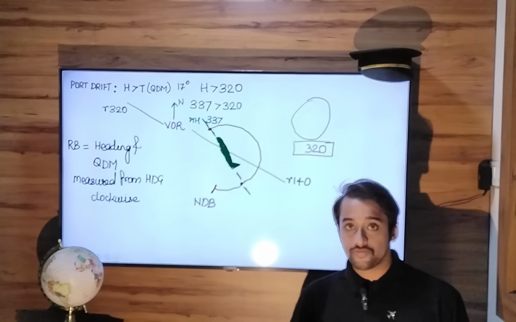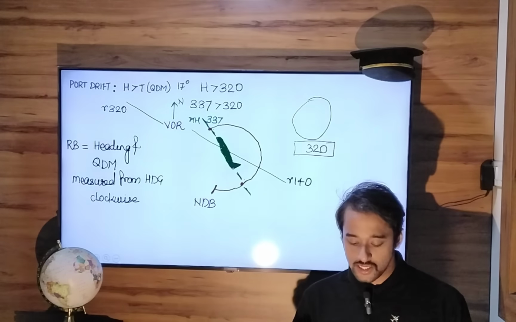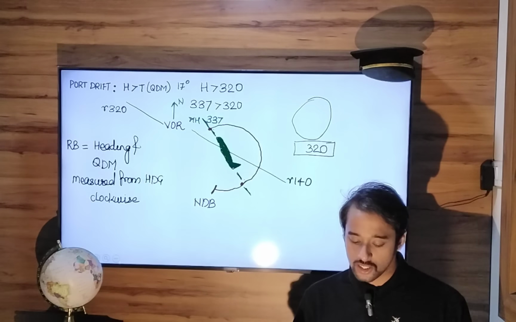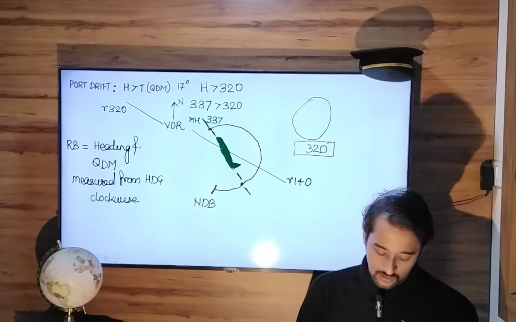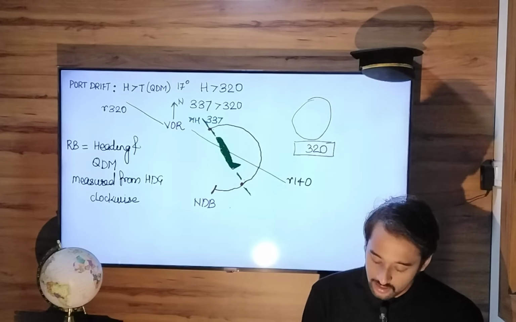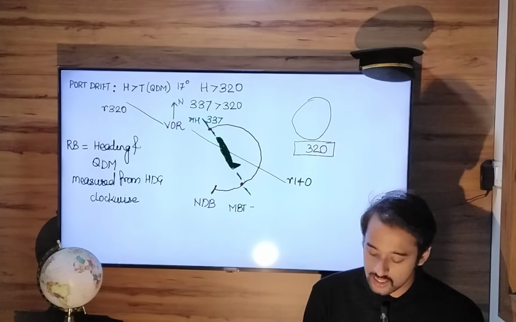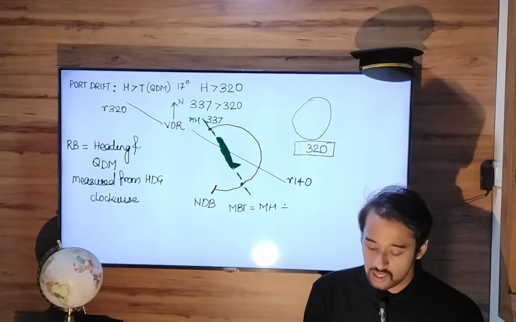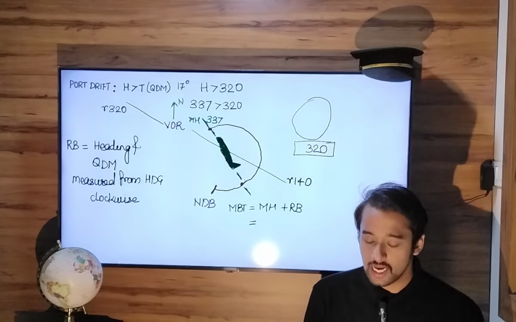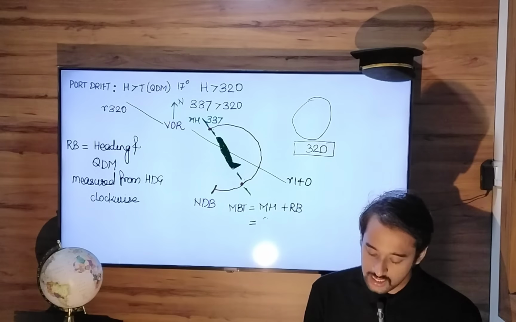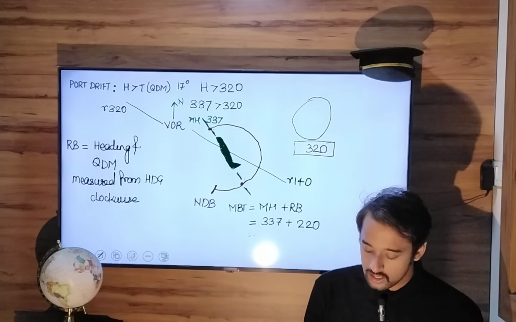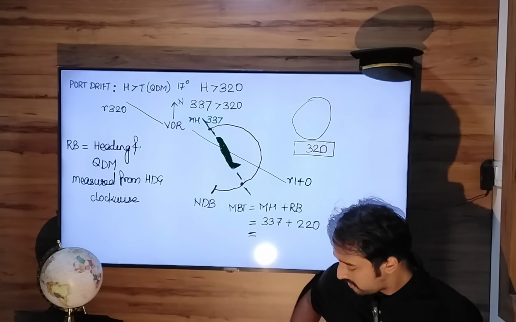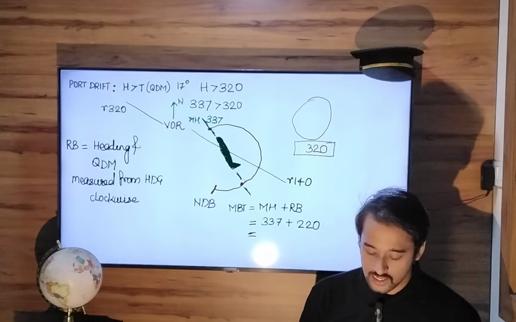Now let's focus on NDB ADF. The magnetic bearing to the station will be how much? For NDB, magnetic bearing to the station is magnetic heading plus relative bearing. Magnetic heading is 337. Relative bearing was given in the question as 220. The addition of that will be more than 360.